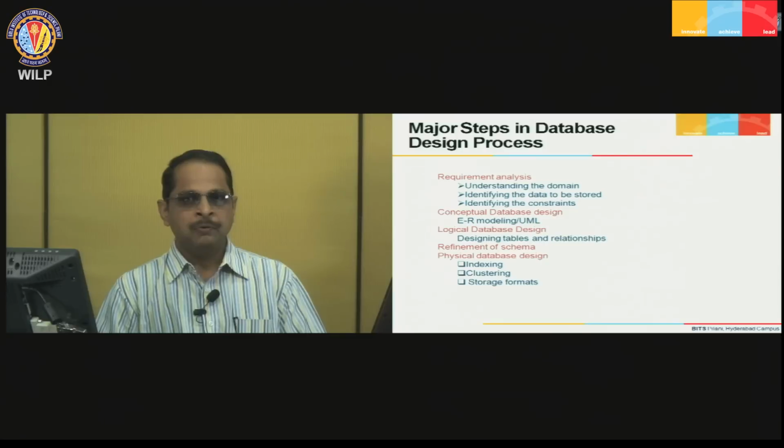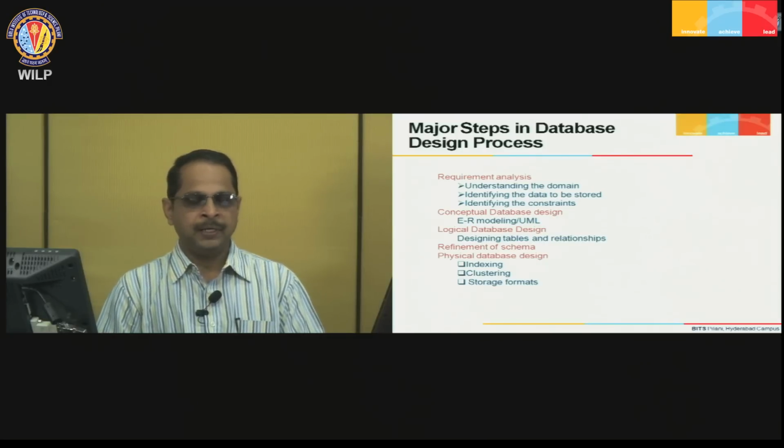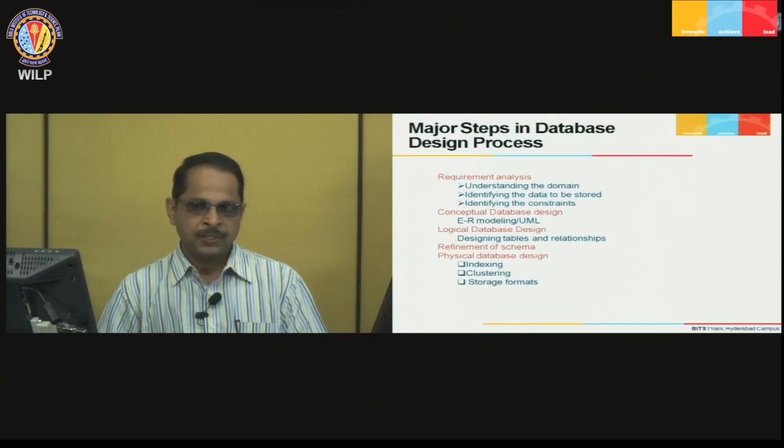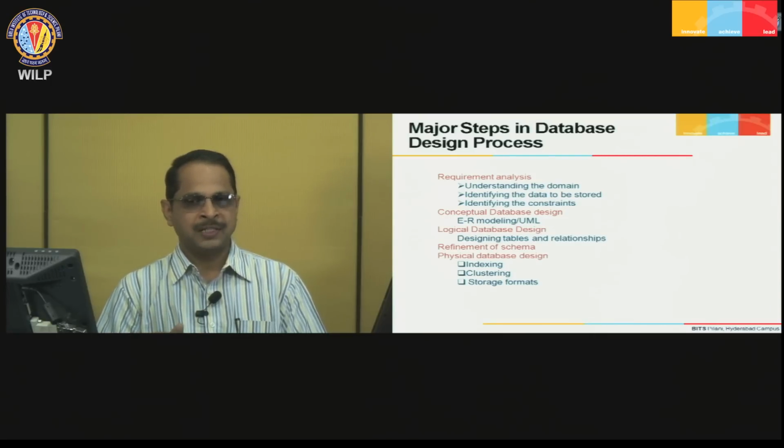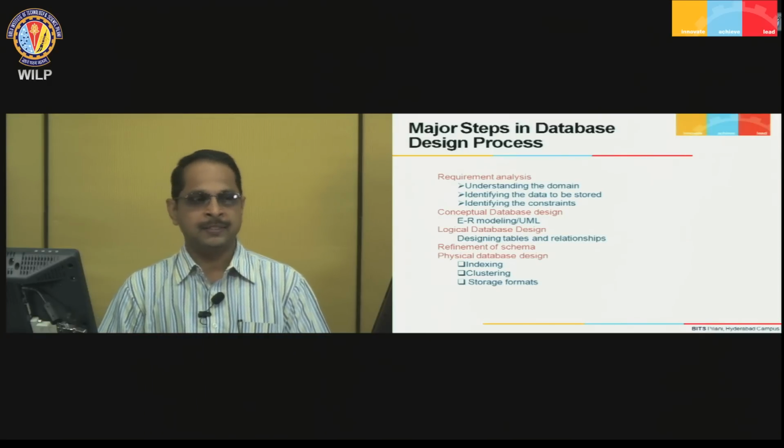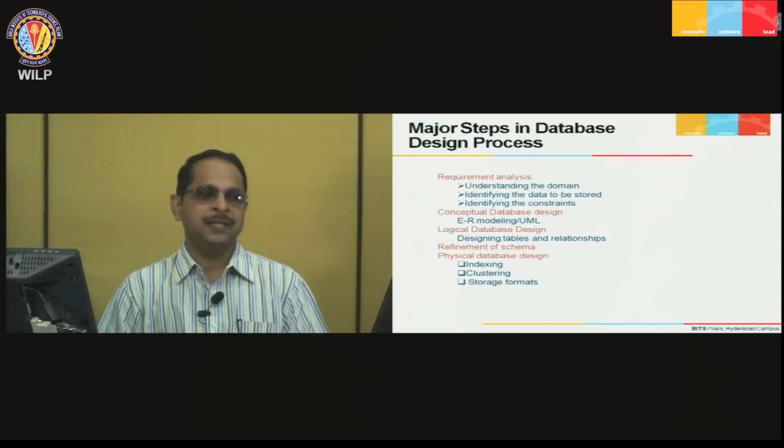To do this, we apply the activity called normalization. This is called refining the schemas or logical schemas. When we apply this normalization process, we bring the logical schema to the required level of satisfaction so that it does not have much redundancy and will not lead to inconsistency.